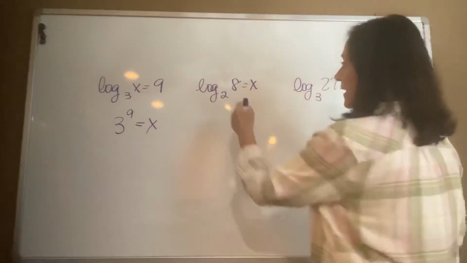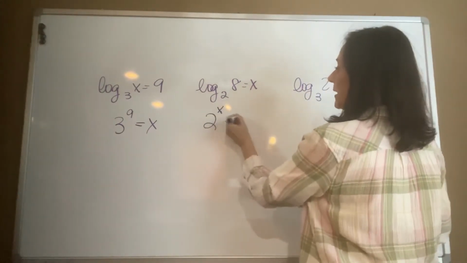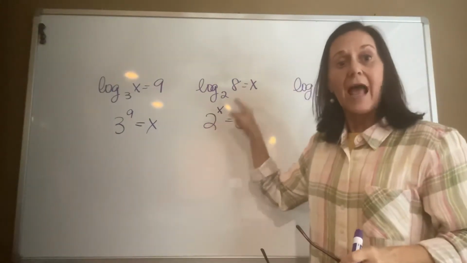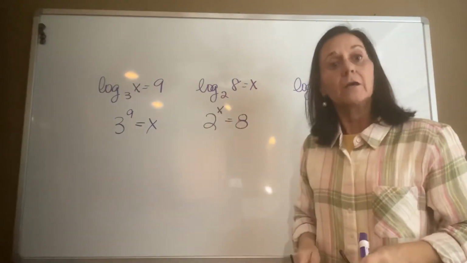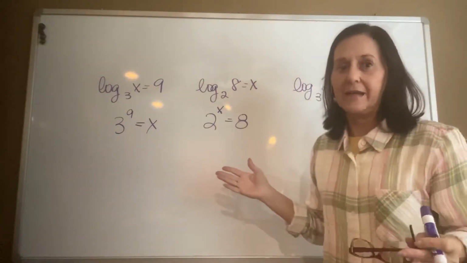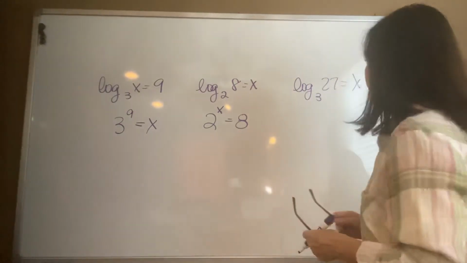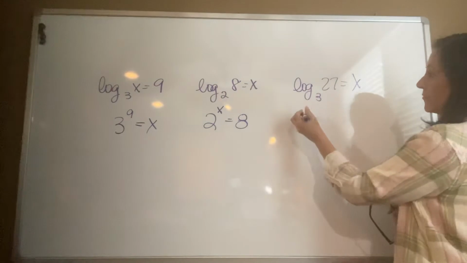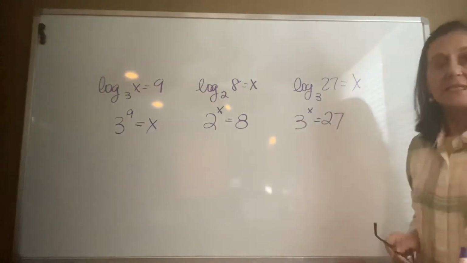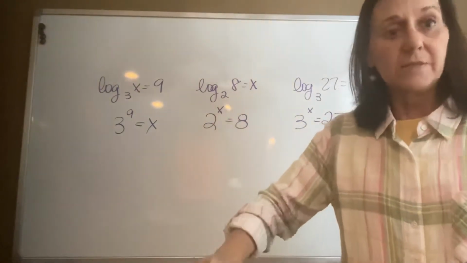The base for this one is 2 raised to the x power equals 8. Since I'm solving for the exponent, I absolutely would want to use logarithms, even though I know that 2 cubed is 8. There are going to be values you're not going to know. This one, 3 raised to the x power is 27. So that's going from logs to exponential form.